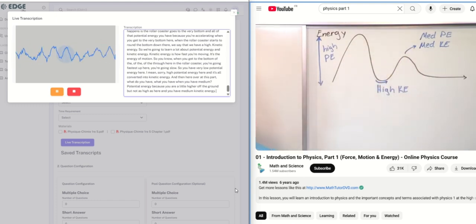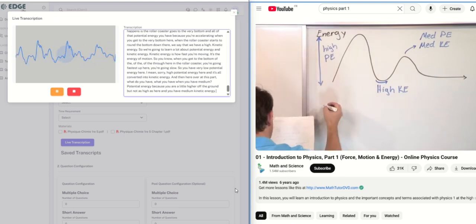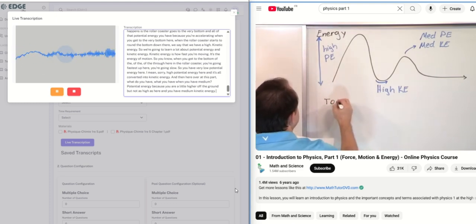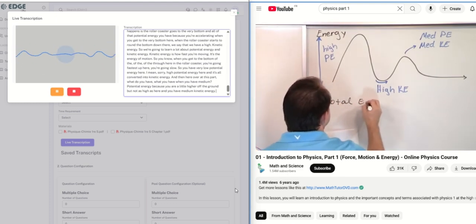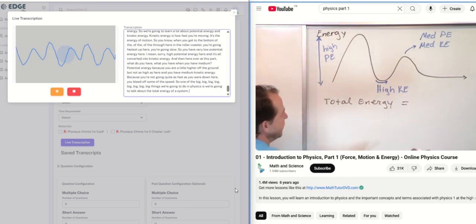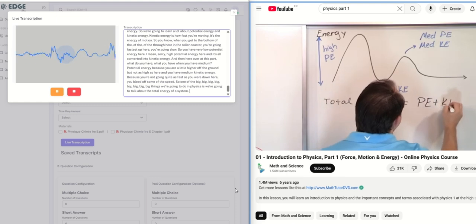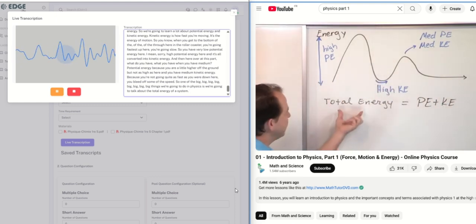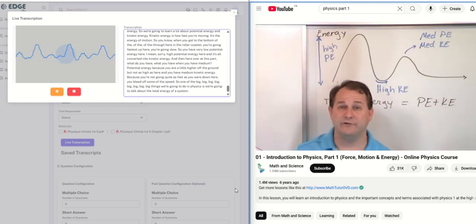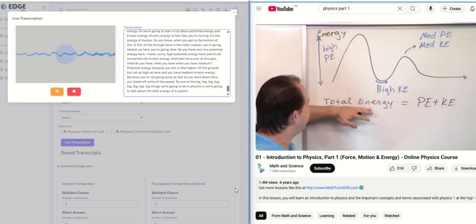So one of the big things we're going to do in physics is talk about the total energy of a system. And the total energy of a system that moves like this, anyway, is the potential energy plus the kinetic energy. And the total energy of the system actually doesn't change, because whatever I start the system out with up here at the top is how much energy I have.